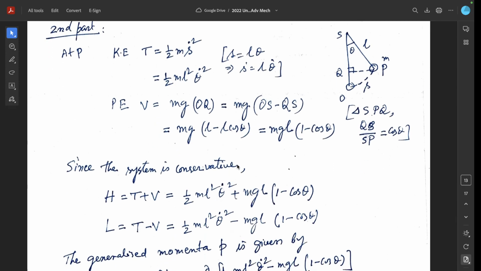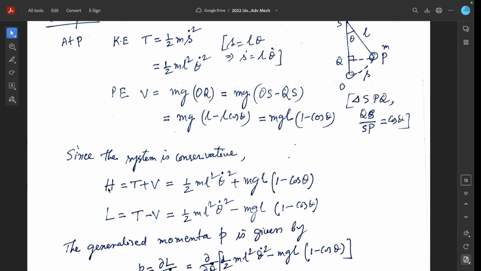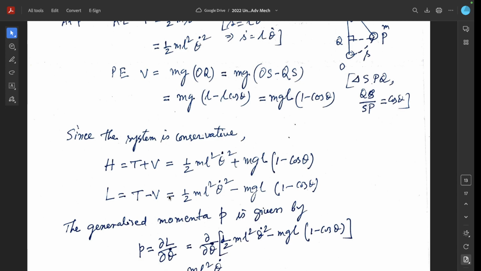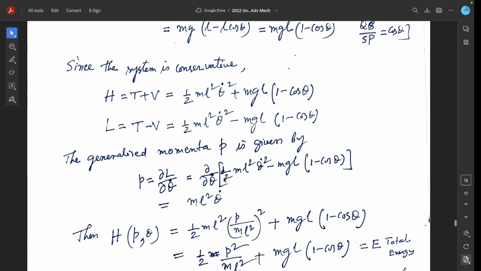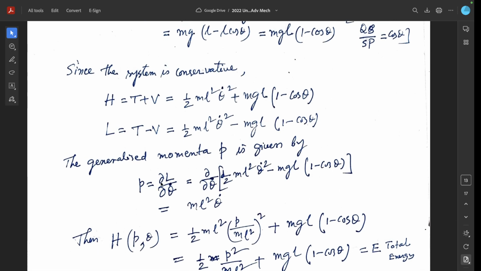Since the system is conservative, the Hamiltonian H is the kinetic energy plus the potential energy, T plus V, with T equal to this and V equal to this, and the Lagrangian L equals T minus V. The generalized momentum P corresponding to theta is P equals del L by del theta dot.